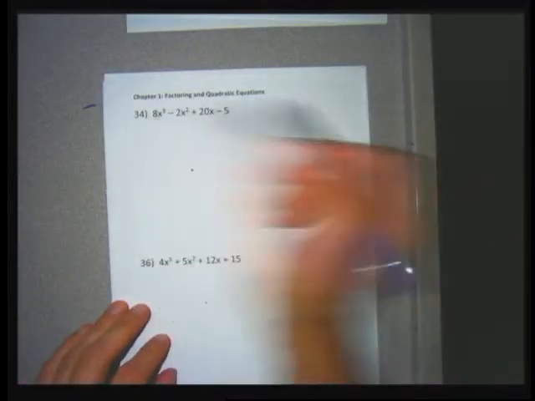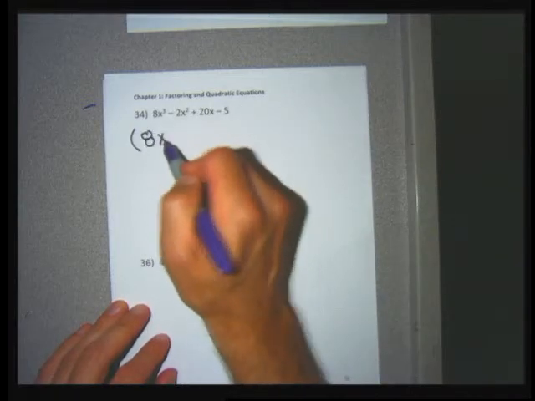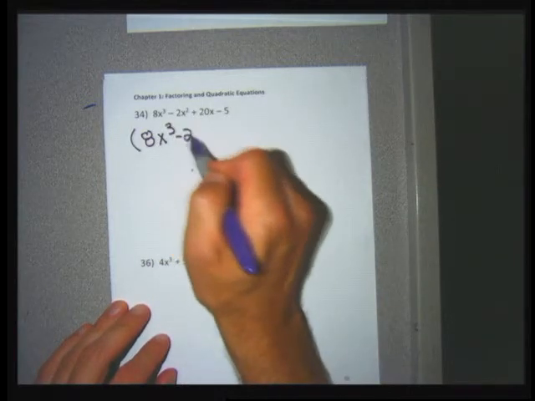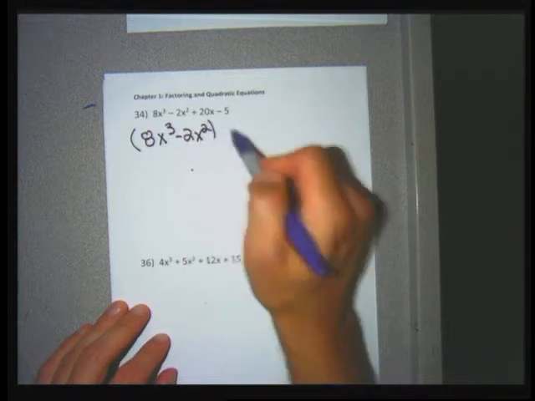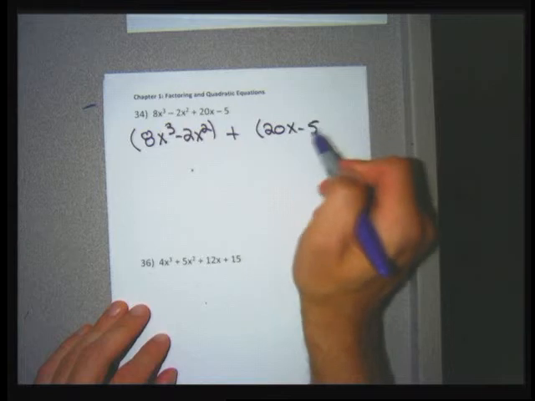Last few problems. 30, no ugly negatives either, good. So first one I go 34, I go x cubed minus 2x squared plus 20x minus 5.